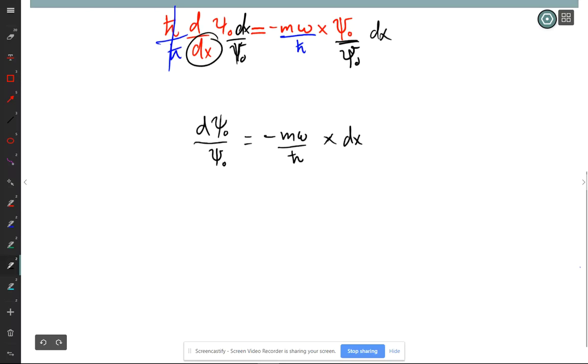Now, there's not a one of us who can't do this math. We're doing these without limits. We're just going to integrate both sides independently without limits. It's odd to me to do an integral without limits. So what's the integral of d psi over psi?